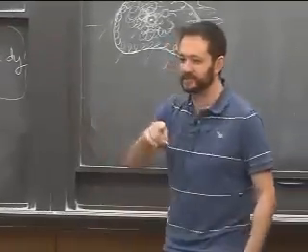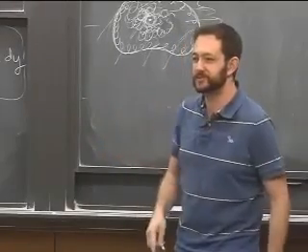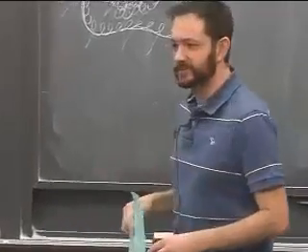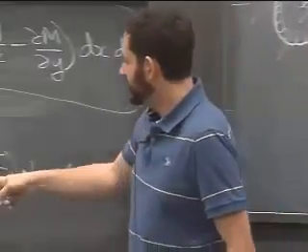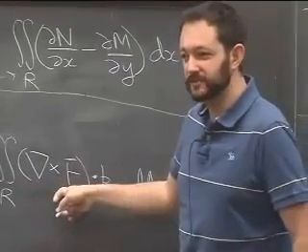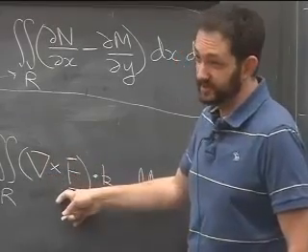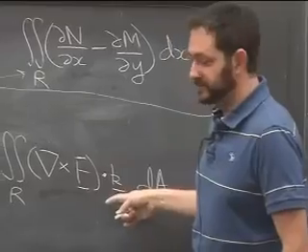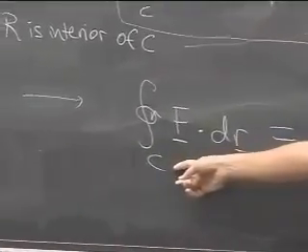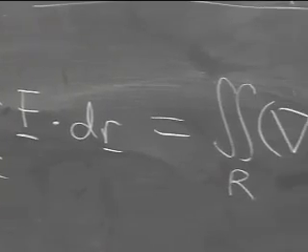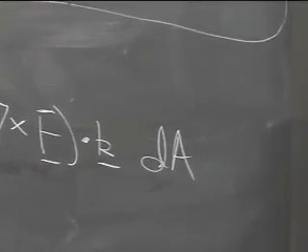Now, as for your question, someone asked me why this conservative stuff was true. Look at this. If the curl of the vector field is 0, at least in 2 dimensions we can answer this now. If the curl is 0, then this integral is 0. And this is 0 for any closed loop. So you see that's the proof, at least in 2 dimensions, that the curl is all you need to check for conservative.